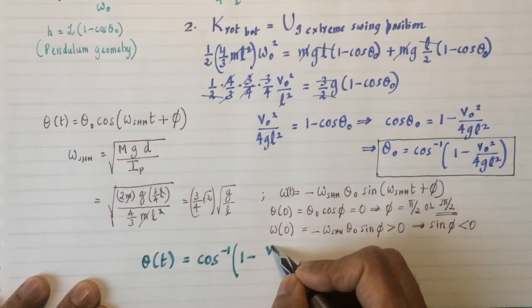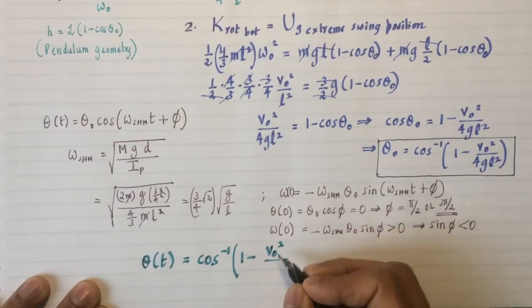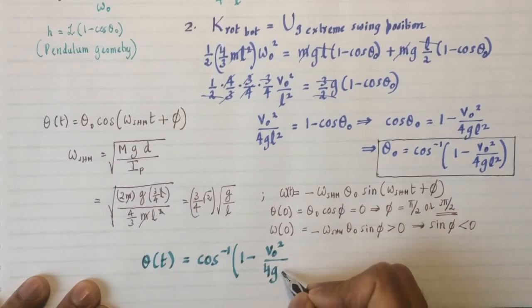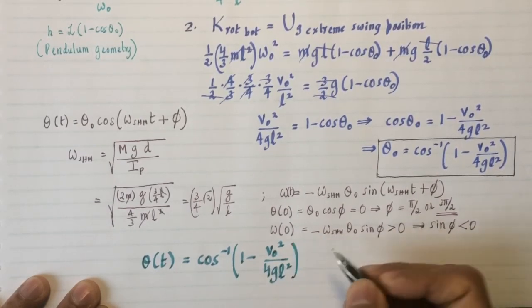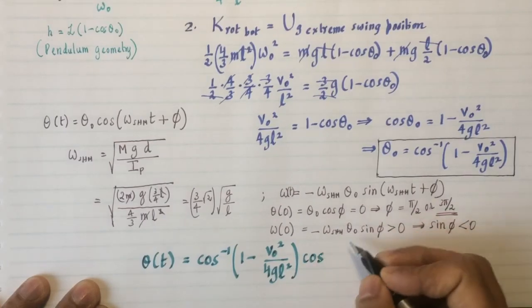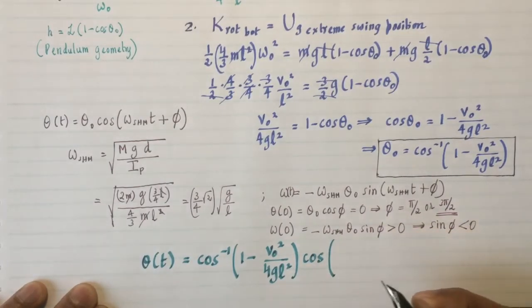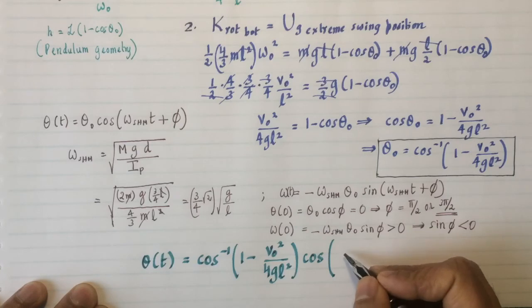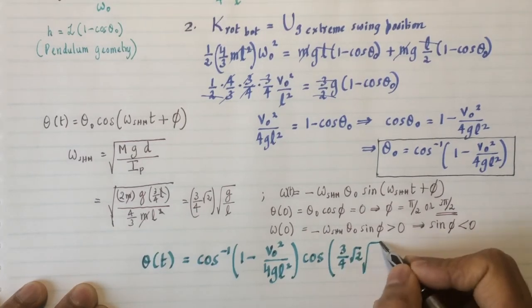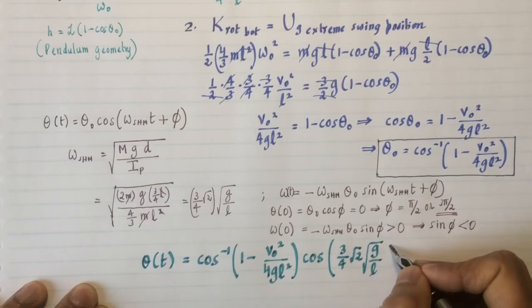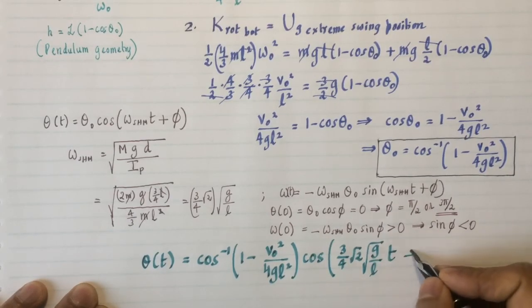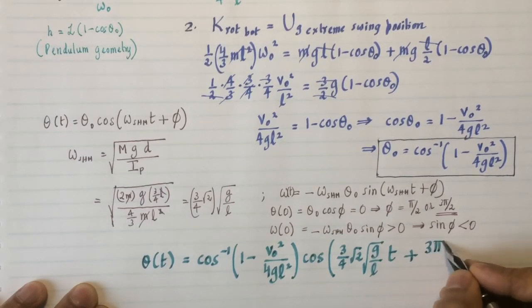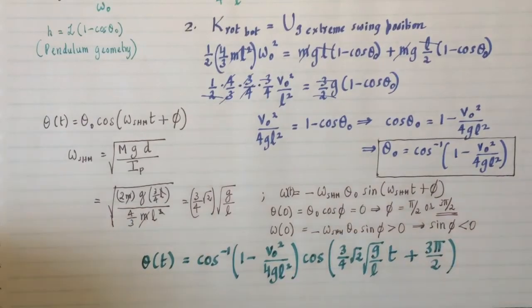This is not easy viewing. Times cosine of omega simple harmonic, which is that, times the time plus the phase angle. And in this manner, we have solved the problem.